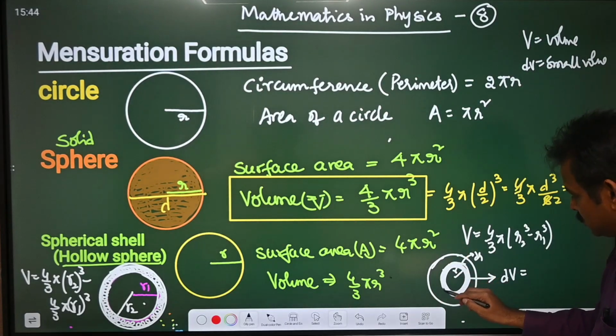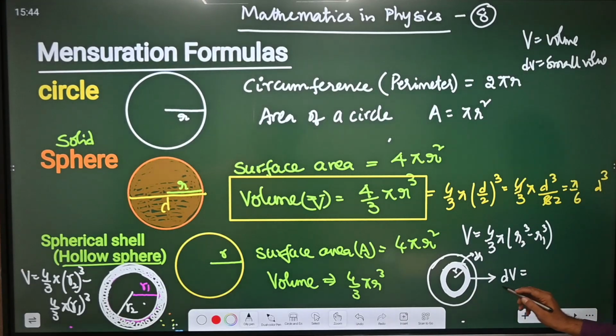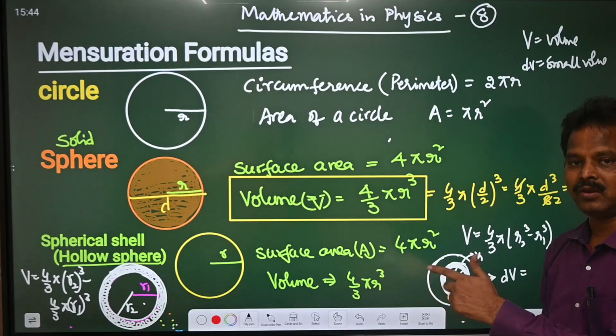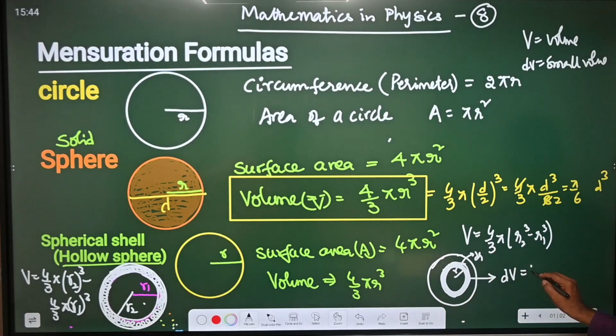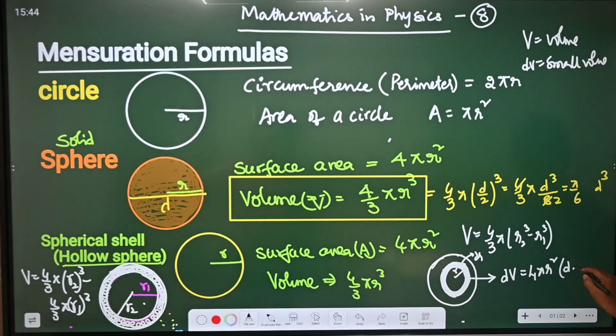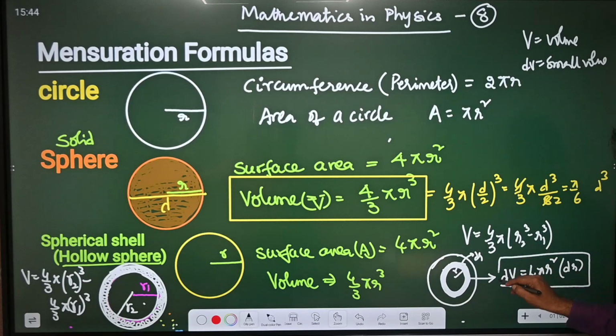Volume is area into thickness, the area of this one is 4 pi R square and the thickness is dr, a very small thickness. So this is another formula to find out volume.